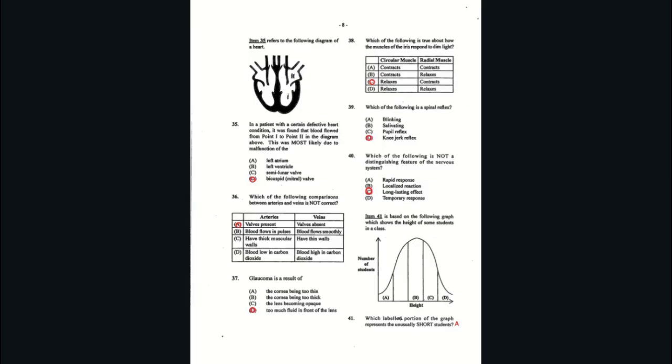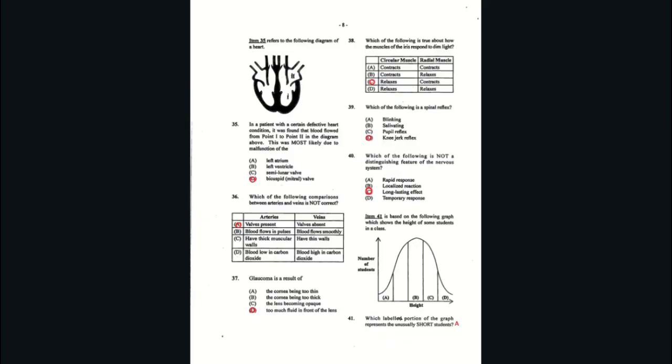A is not correct. Number 37 says glaucoma is a result of D, too much fluid in front of the lens. And then number 38 says, which of the following is true about how the muscles of the iris respond to dim light?